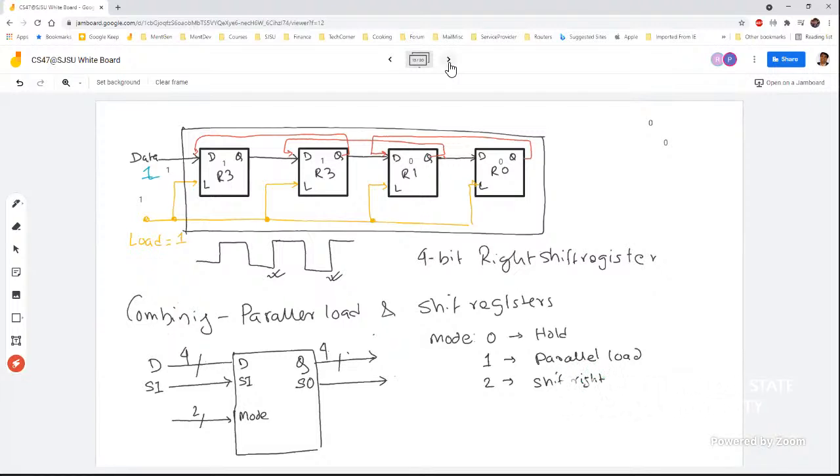You are inserting the bits from the most significant bit side and propagating them through all the bits in the register, 1 bit per clock, bit by bit. And the other way would be shift left, where the bit is propagated from the LSB side.